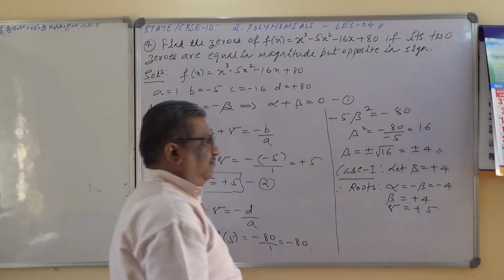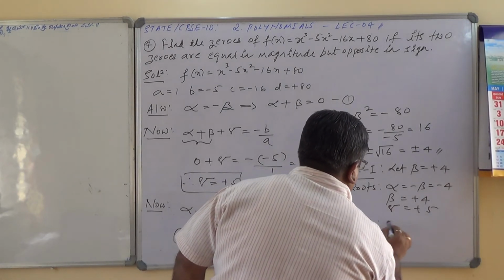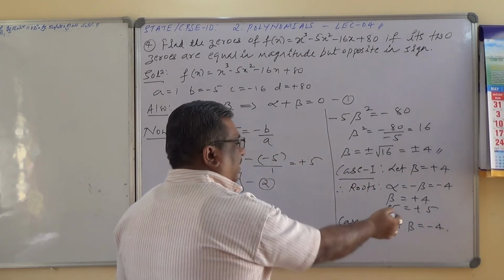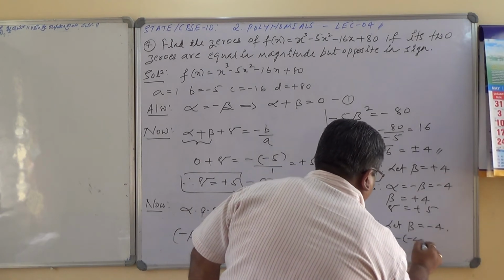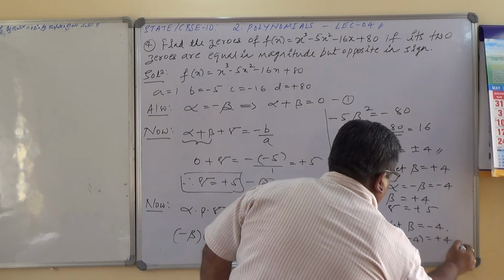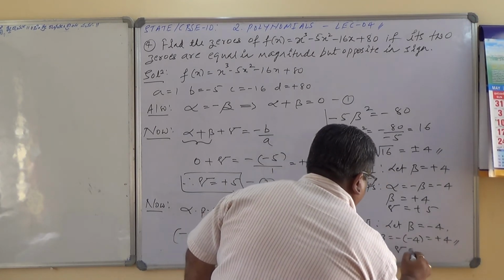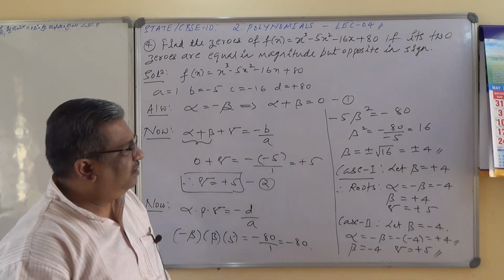This is one set. Case 2: let beta equals minus 4. If beta equals minus 4, then alpha equals minus beta, which is minus of minus 4, which is plus 4, and beta equals minus 4, and gamma equals plus 5. So these are the new sets of roots here.